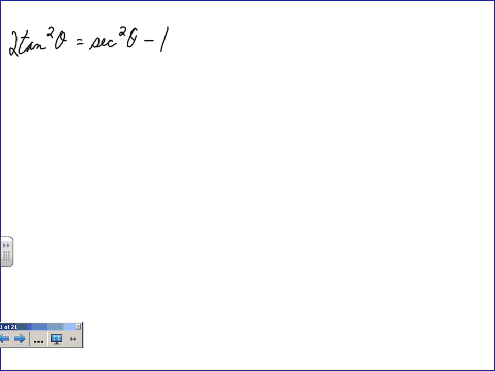I want to get something that's going to be... Forget the minus 1. What do you see there? What about secant?